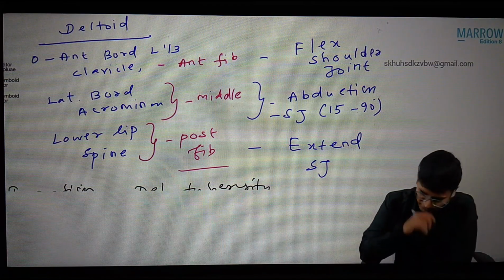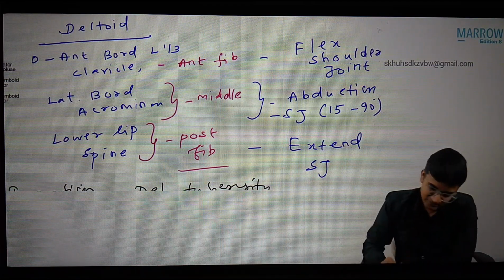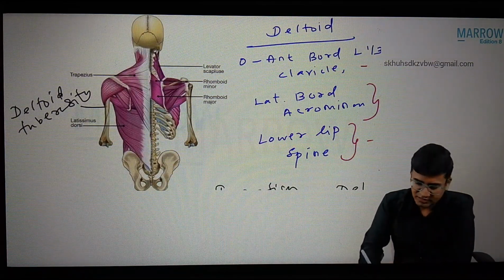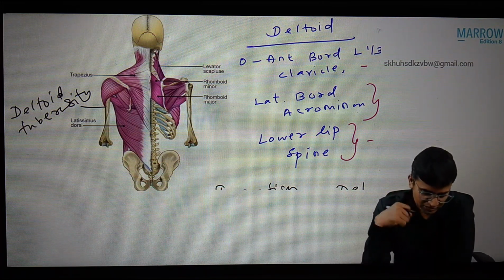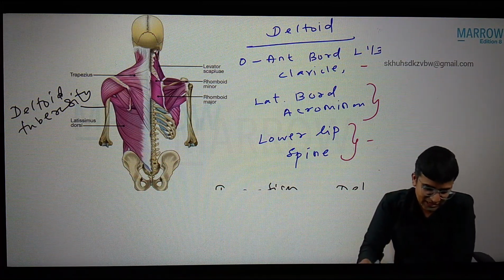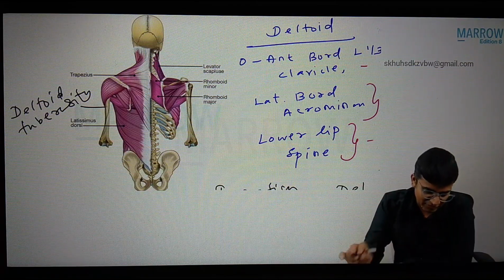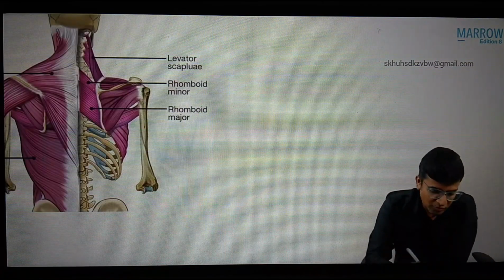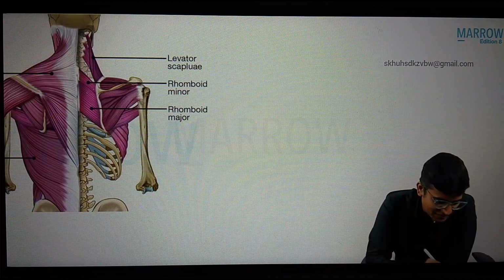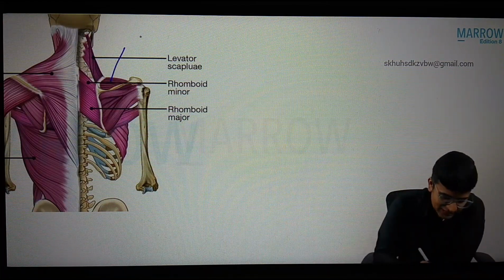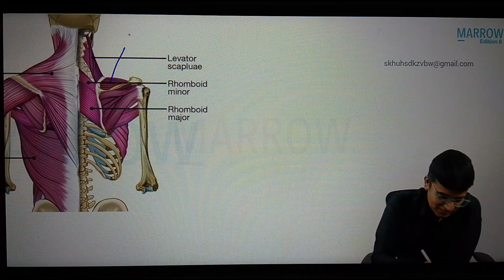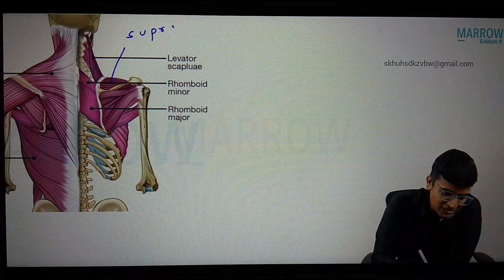Next, if you remove the deltoid muscle, then under the cover of the deltoid we see some more muscles. We're going to zoom this image and see the muscles under the cover of the deltoid. On this side we removed the deltoid muscle, so now we see this muscle present above the spine, called the supraspinatus muscle.